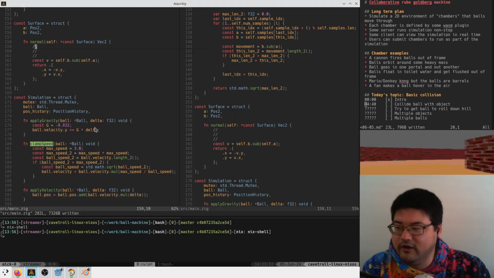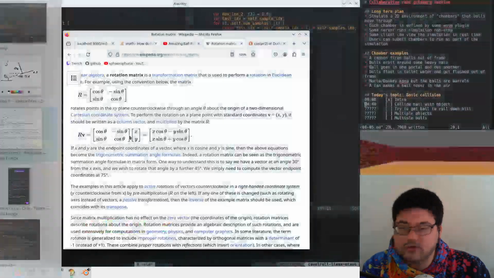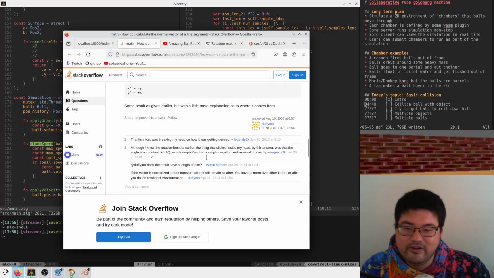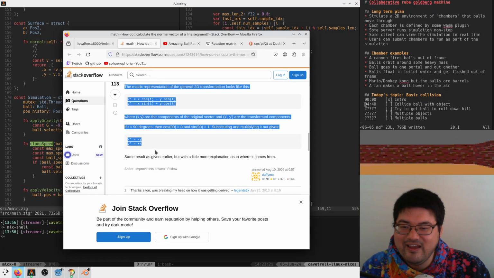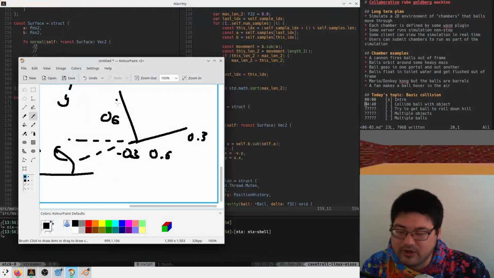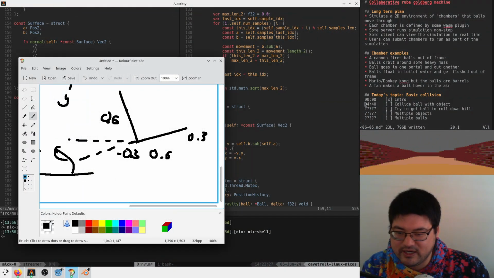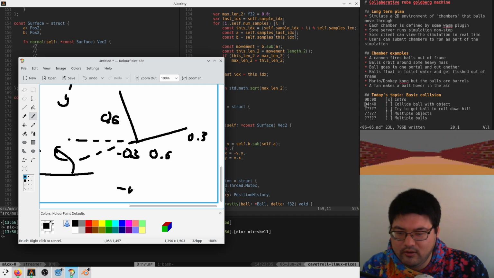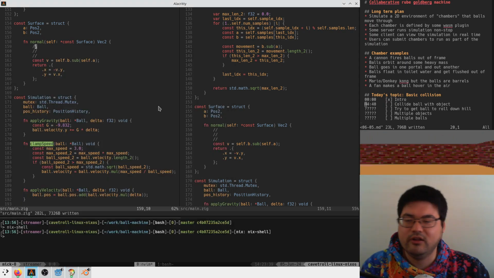And this becomes... scroll down to the answer on Stack Overflow, but I don't want their answer. But it is what I said. I do want to double check it. So this is 0.6, I rotate, so now my negative 0.3 stays negative 0.3, but it goes to y. And my 0.6 becomes negative 0.6. Yeah, okay, that all lines up.